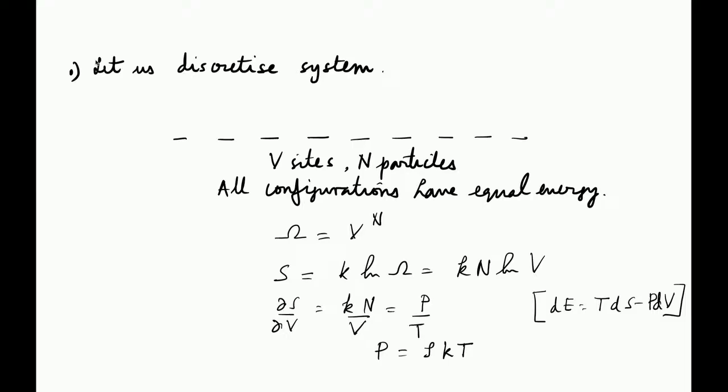S is k log omega, which is k into n times log V. I differentiate with respect to V, del S by del V is k n by V, but I know that del S by del V is P by T. So I get back P equal to rho k T. This is ideal gas on a lattice. Previously we had done ideal gas in a continuum, now we have ideal gas on a lattice. Is this okay?